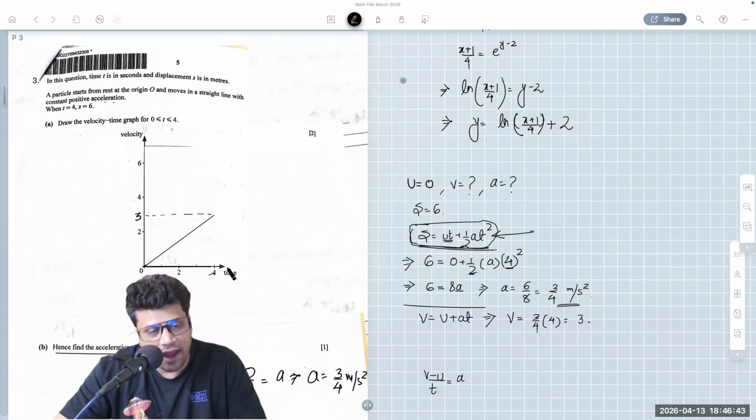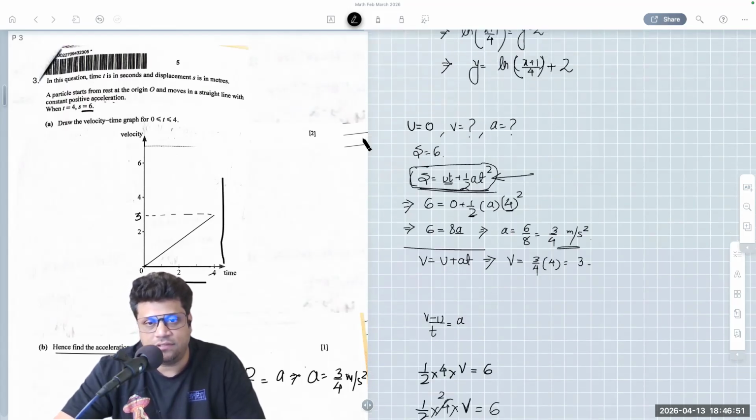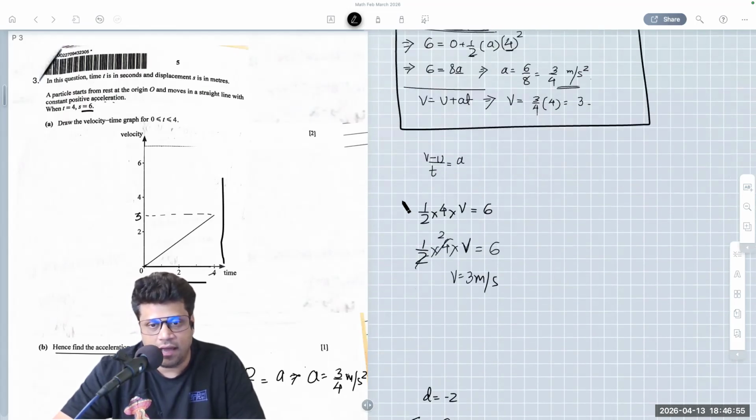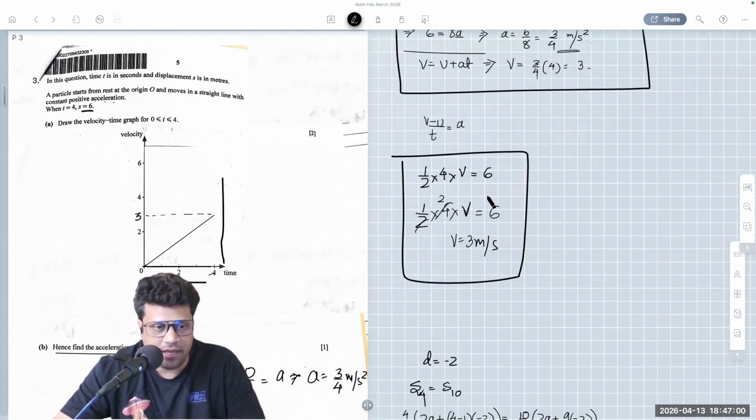So area of the triangle should be the displacement you have. Half into 4 into some v should be equal to... That was the wrong thing to do. This was correct. Half into 4 into v should be a 6. The displacement, the area under that straight line should be a 6.